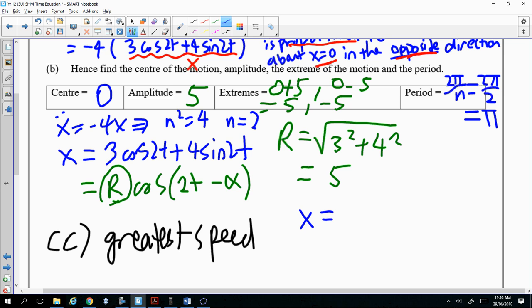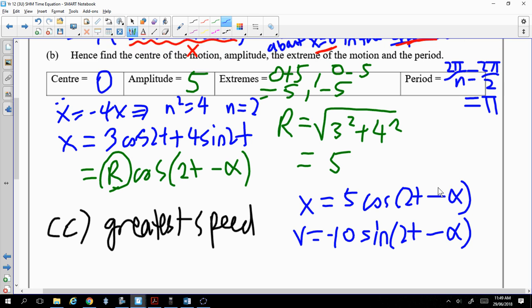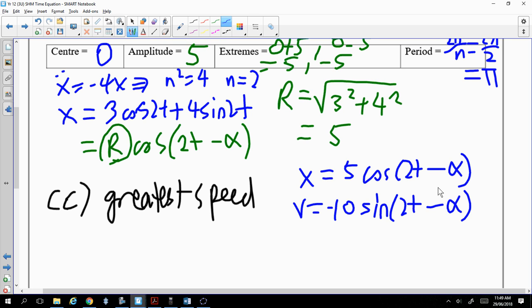Notice that I don't need to know alpha to differentiate. I can just differentiate without knowing alpha. Now, what's the greatest speed? The greatest speed is just the amplitude of this function, because if you draw the graph, that's the maximum value of the function. And don't forget the units. Greatest speed, 10 meters per second.